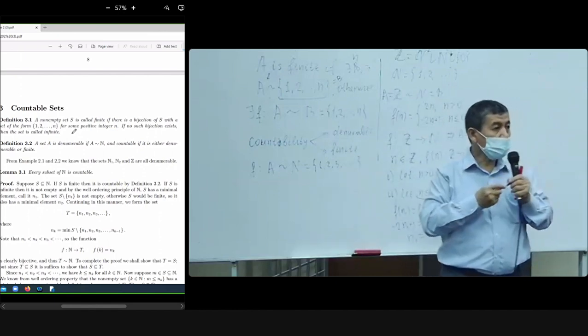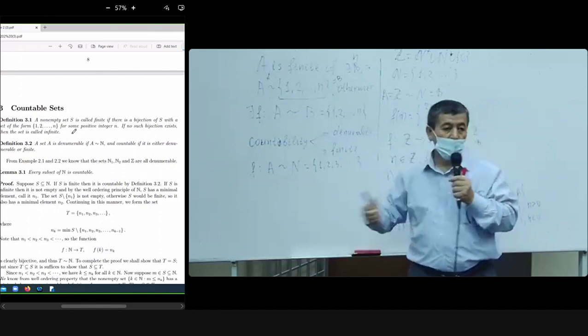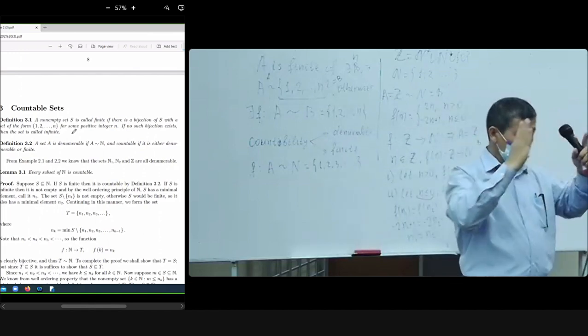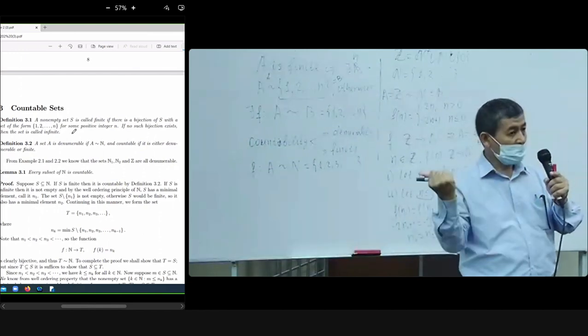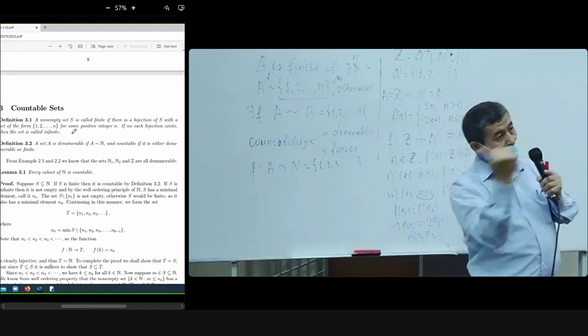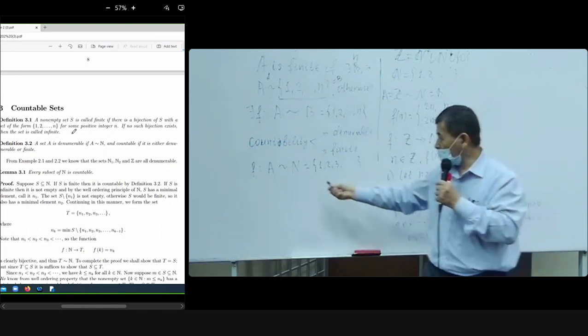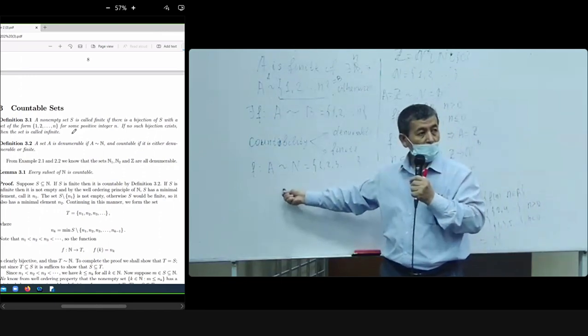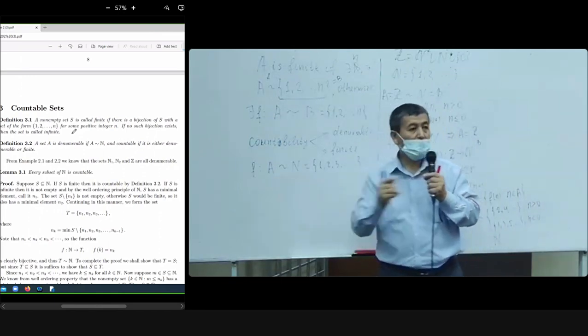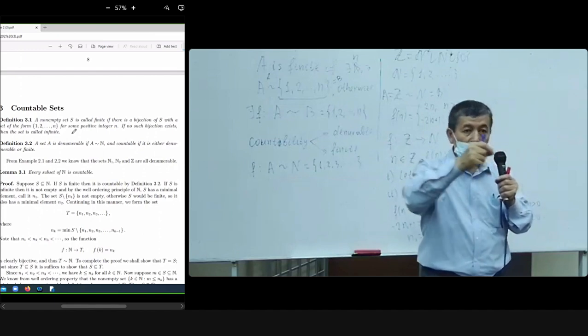In other words, we have set A and set N. If we are able to find a bijective function between them, then the elements of A need not be finite.